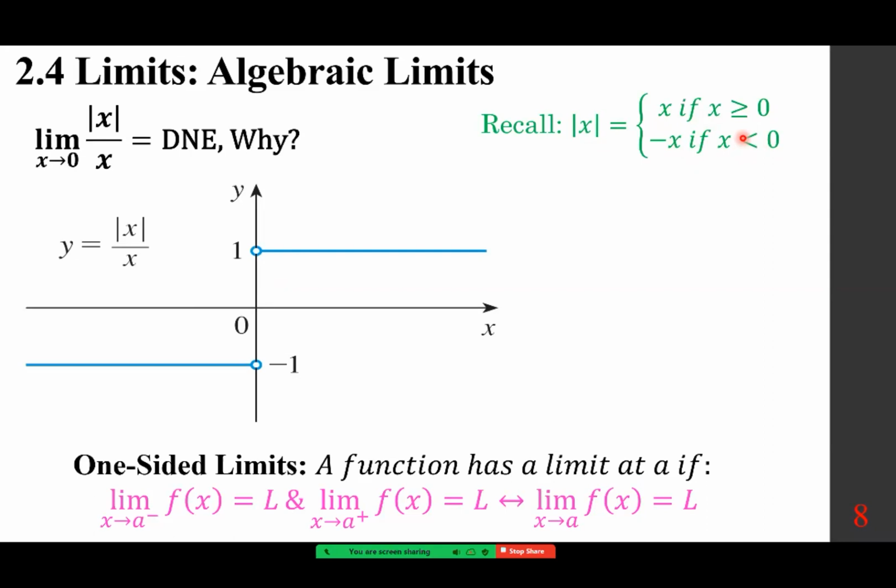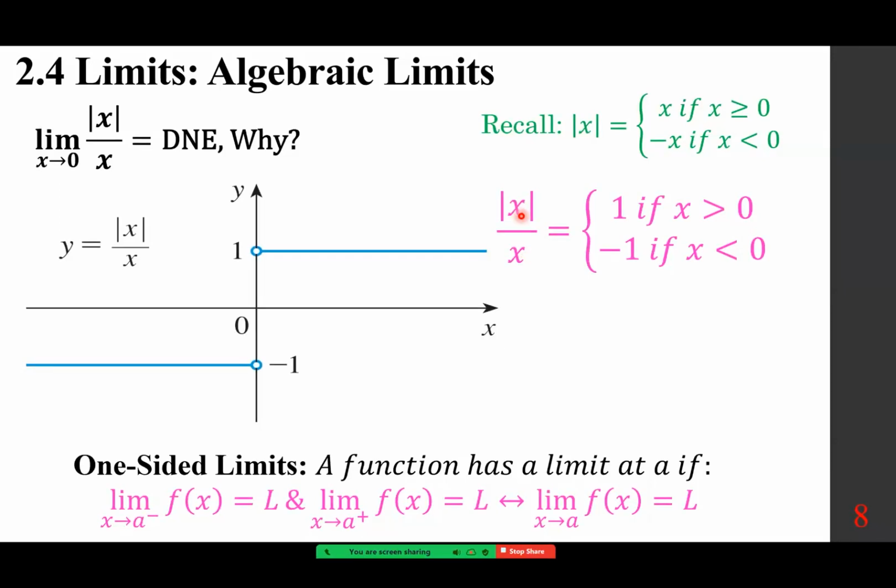With that being the case for this function, if we call it f of x or y, and you replace the same thing, for the top it becomes x over x, which is 1. For the bottom it becomes minus x over x, which is negative 1. However, this has the equality here, but none of them have the equality because x is in the denominator, so we don't have the equality.